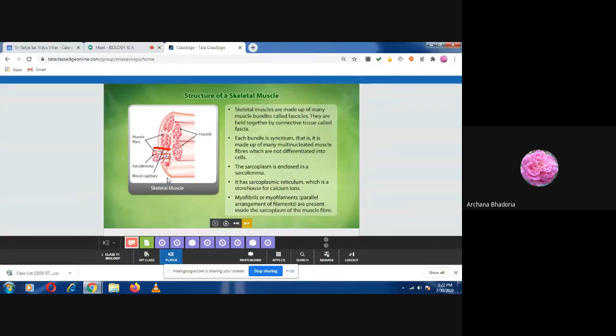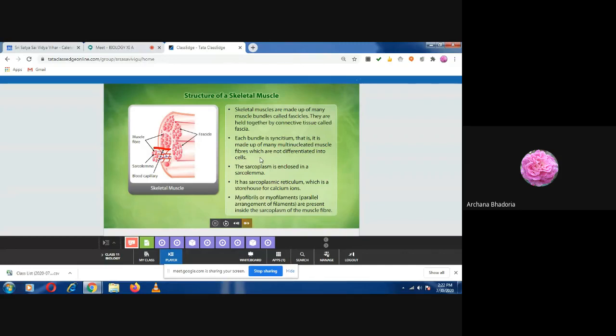You note down that skeletal muscle is made up of many muscle bundles called fascicles, which are held together by the connective tissue called fascia. Now, each bundle is a syncytium. It means that it has many nuclei, so it is made up of many multinucleated muscle fibers.